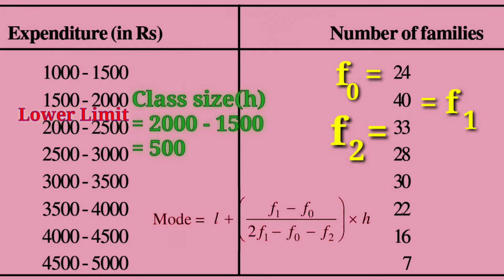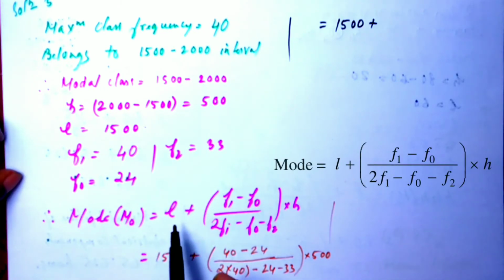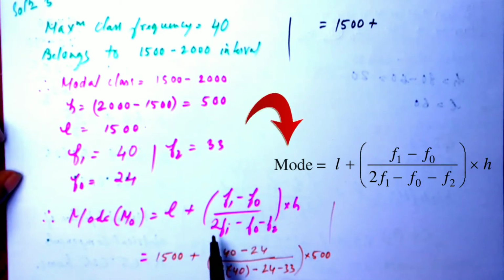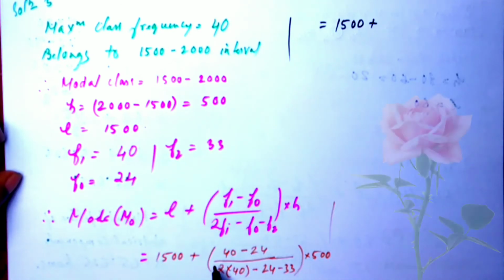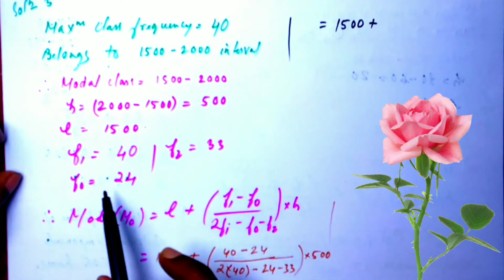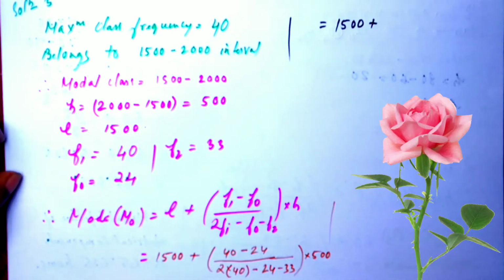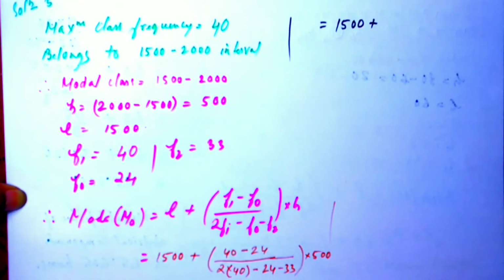So we put the values here in the formula. L plus (F1 minus F0) by (2F1 minus F0 minus F2) into h. L is 1500 plus F1 is 40, F0 is 24, divided by 2 into 40 minus F0 24 minus F2 is 33, into h is 500.